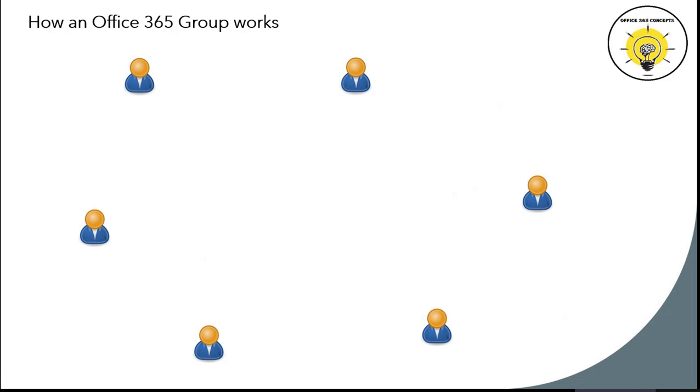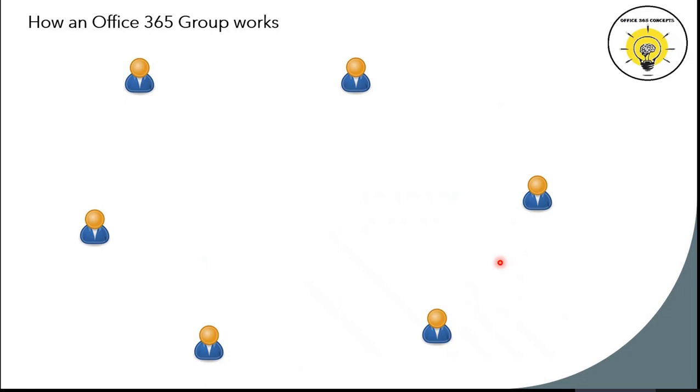When I say collaborate, they need a common space where they can share their documents and send emails, and all 6 users should have access to that common space. So that if one user wants to share a particular document, it should be accessible for all of these users, right?